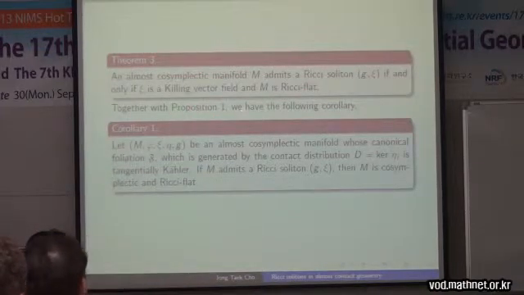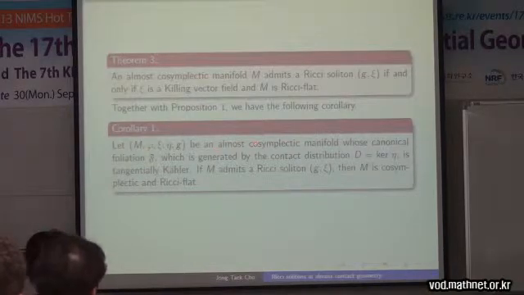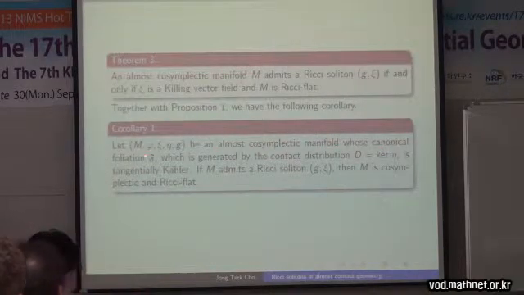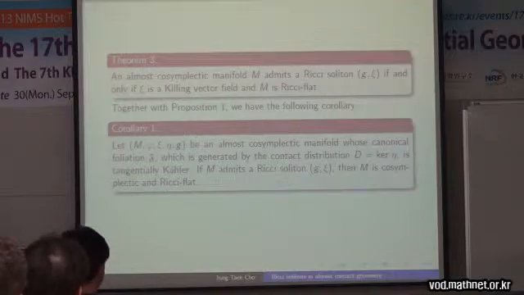Together with Proposition 1, we have the following corollary. An almost cosymplectic manifold whose canonical foliation is tangentially scalar, if it admits a Ricci soliton (g, ψ), then M is cosymplectic and Ricci flat.